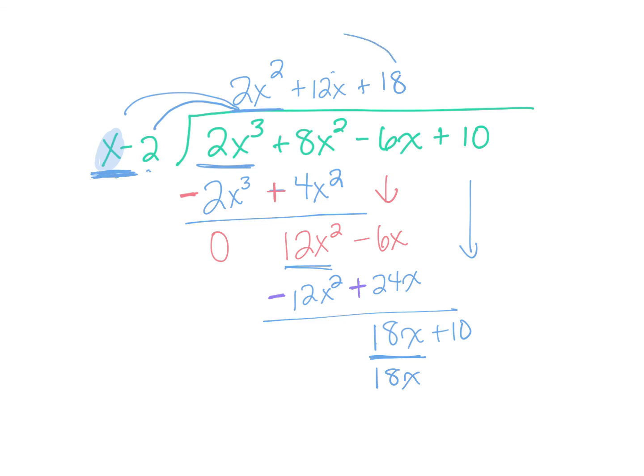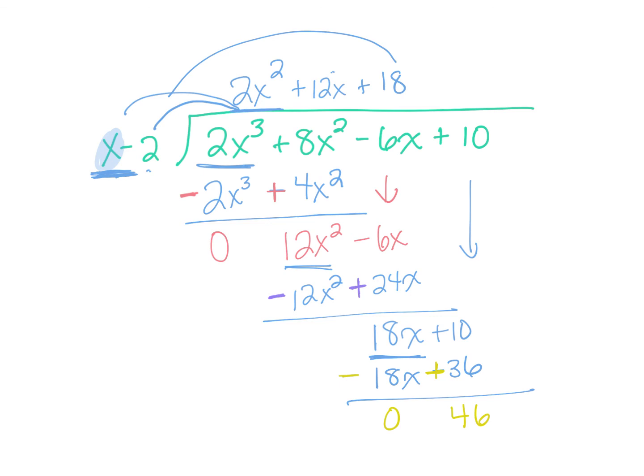When I multiply the 18 times the negative 2, I get negative 36. And once again, we have to remember to switch that sign. So I'm going to switch this sign to negative, that sign to plus. That adds to 0. Remember, it has to. And we get a remainder then of 46.